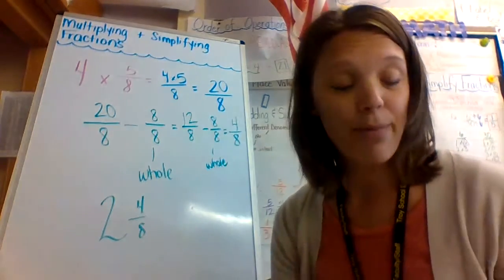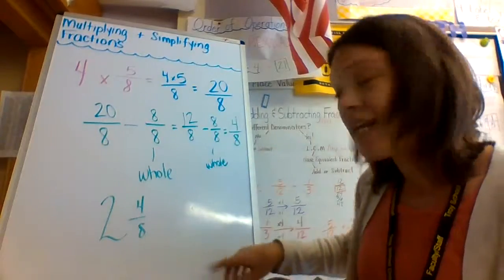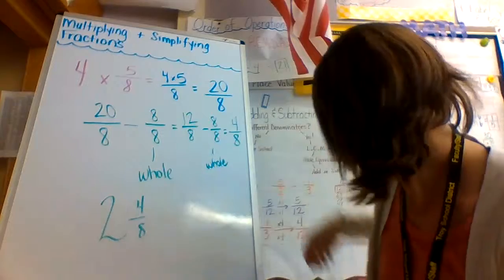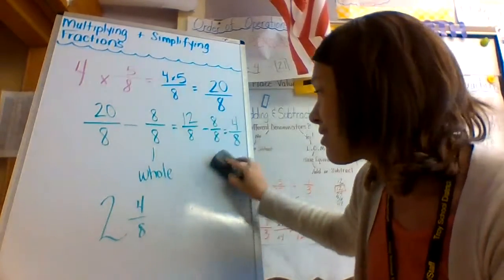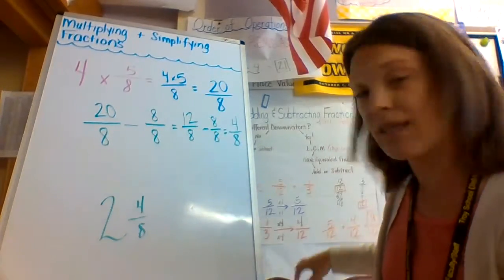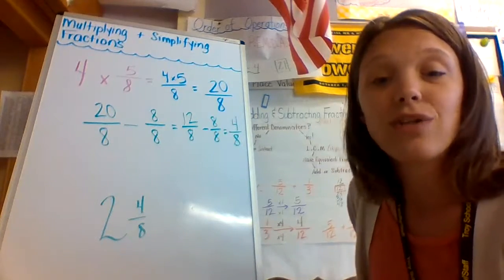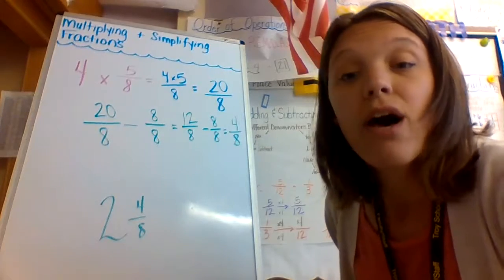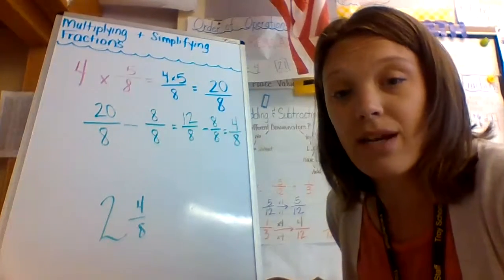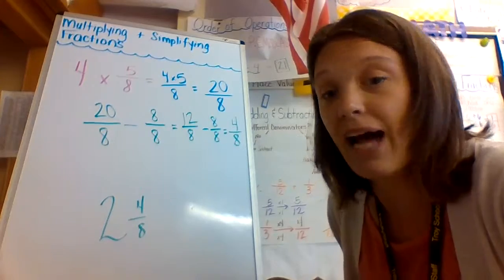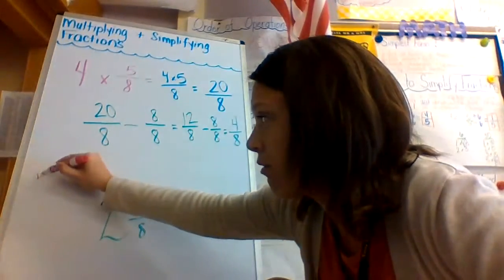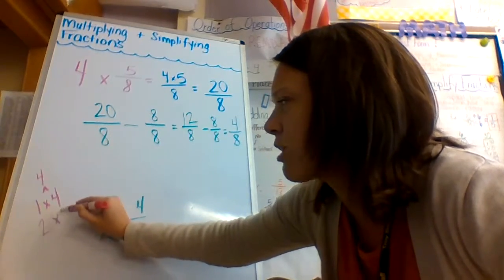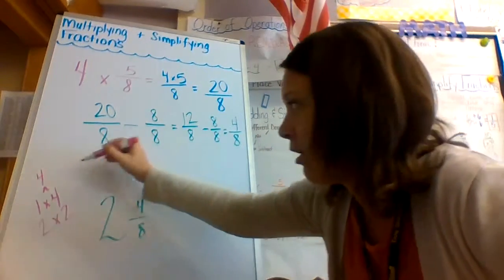Now here was my next step. I need to put this fraction into its simplest form. Now recall our last chapter on simplifying fractions, and you know that the first step to simplifying is to list all the factors of the numerator and the denominator and find the greatest common factor. So I'm going to do it over here. I know 1 times 4 is 4, and I know 2 times 2 is 4.